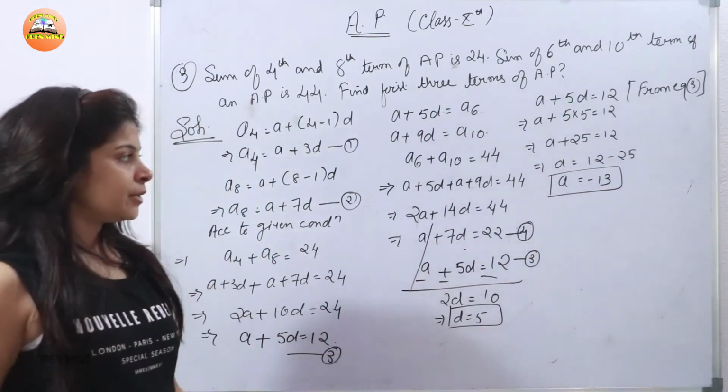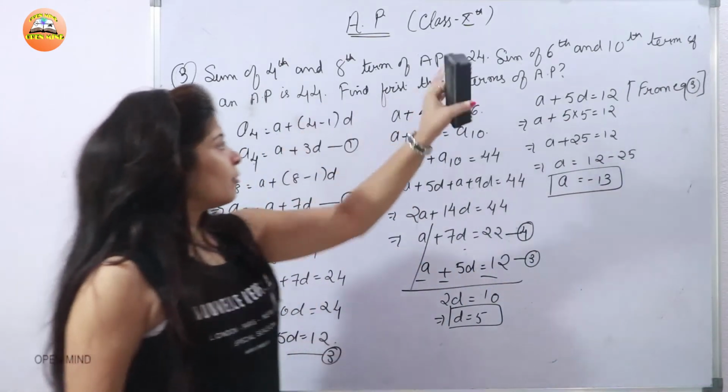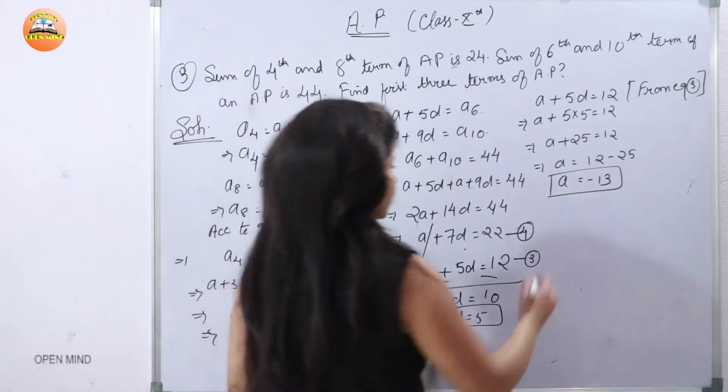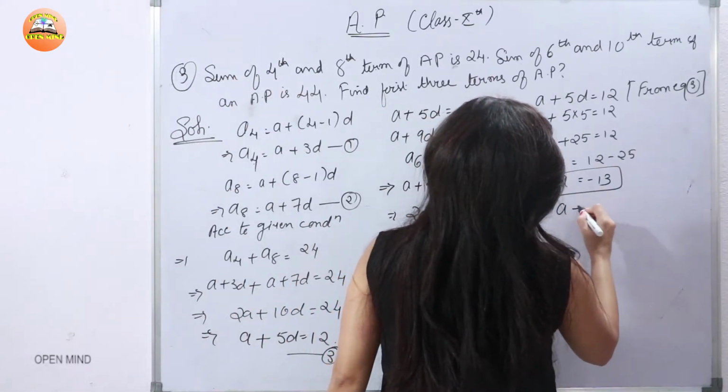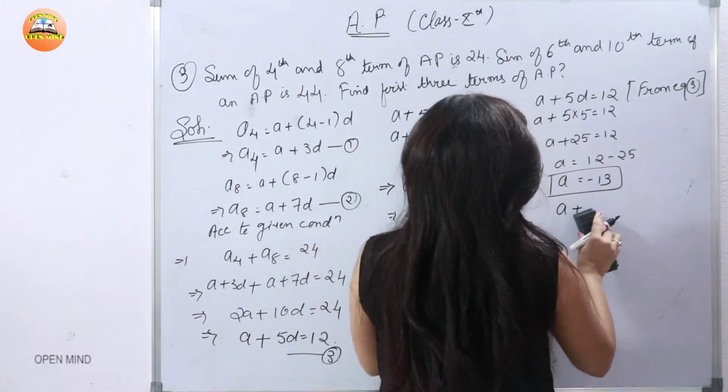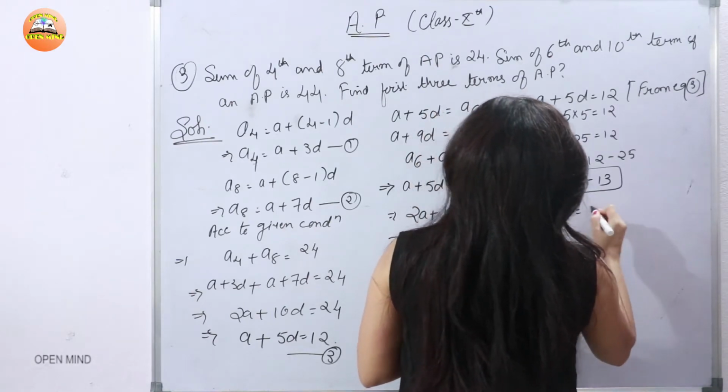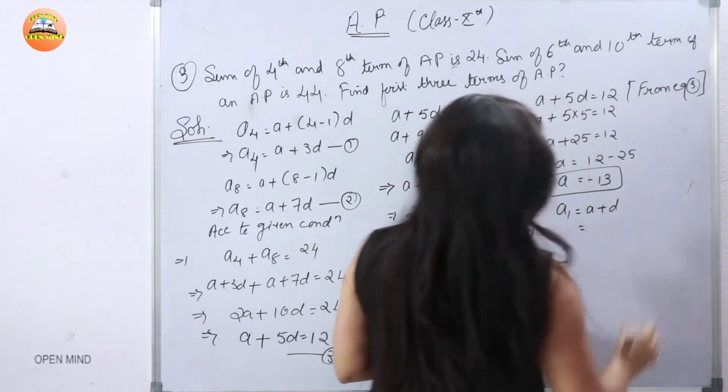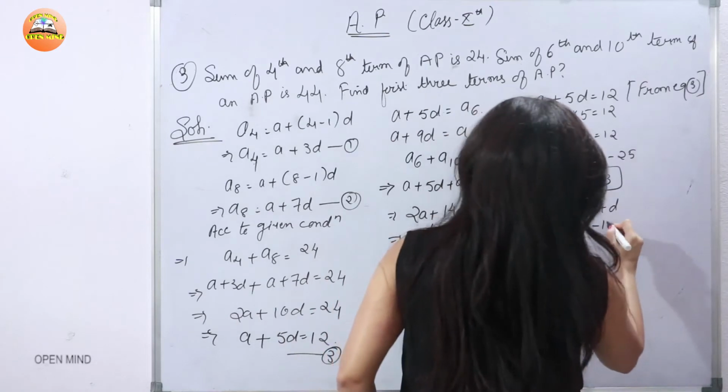Okay, so we got the value for d. We got the value for a. Now we can find out the first three terms. So first one will be a1, which is equal to a. What is your a? Minus 13.